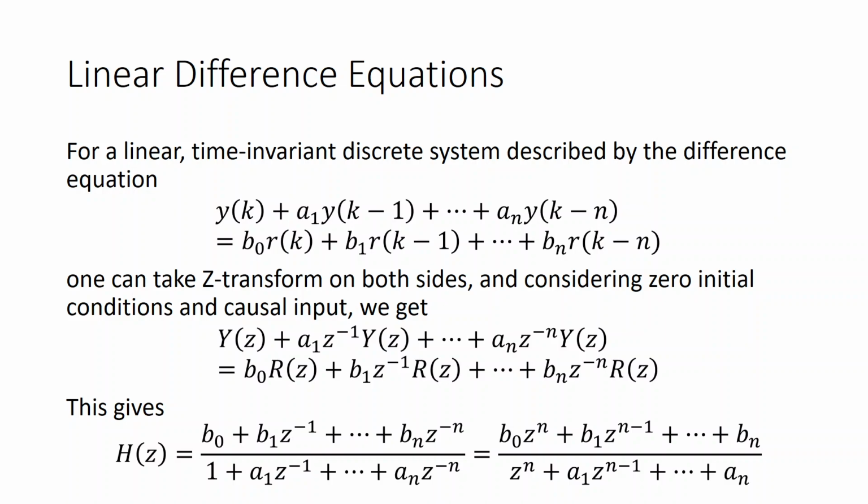Now we analyze the system using the idea of Z transform and pulse transfer functions. We analyze a linear time invariant discrete time system. So suppose the time invariant discrete time system is described by difference equations.